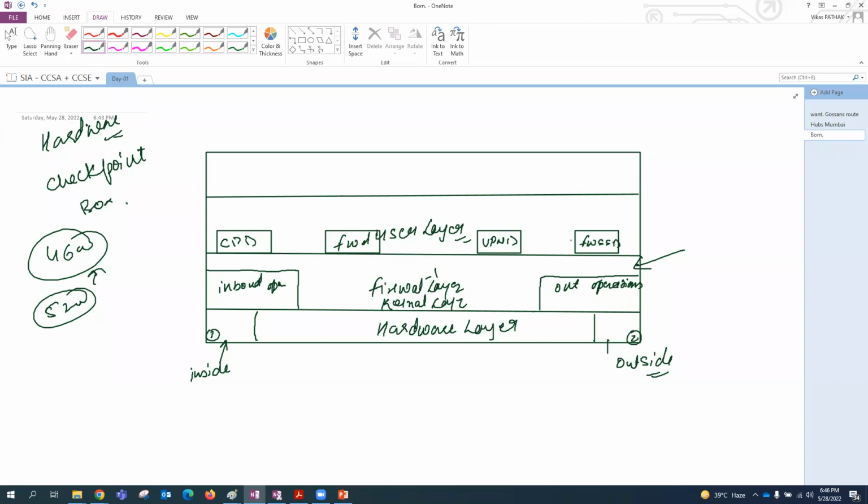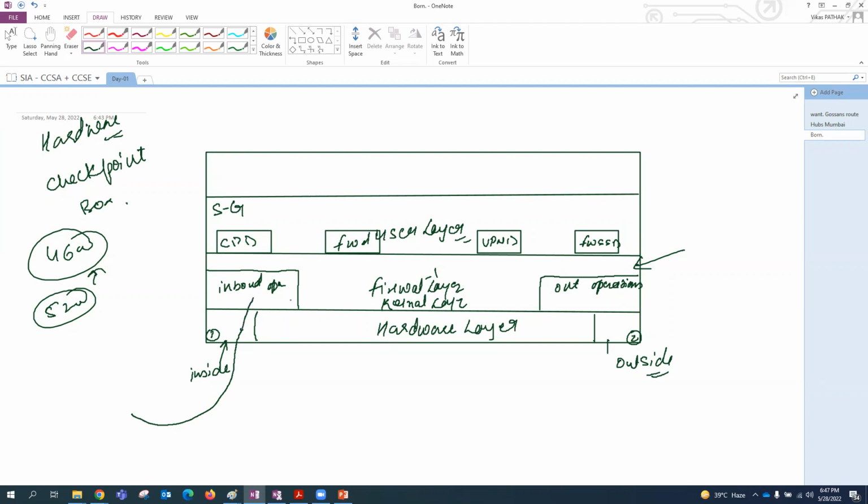There will be multiple daemons, but these are very important, that is why I have highlighted them. We'll discuss many more daemons in our class, but these are the basic daemons on the user layer. This user mode is for the security gateway. So what will be happening? Whenever the firewall traffic comes here, it will enter through the inside interface. All the kernel level operations will be performed on the inbound.